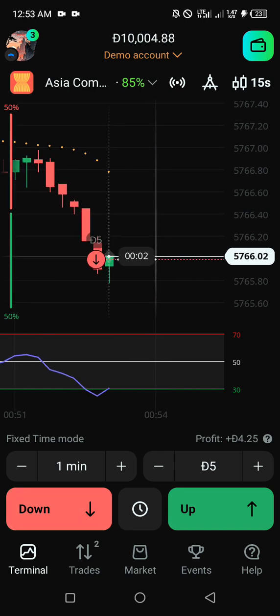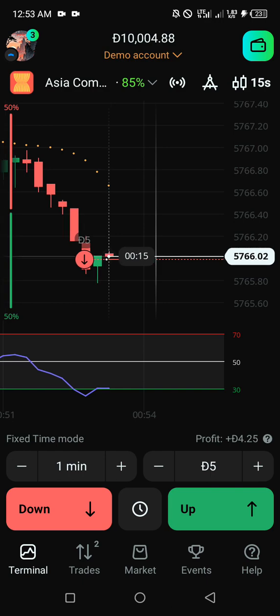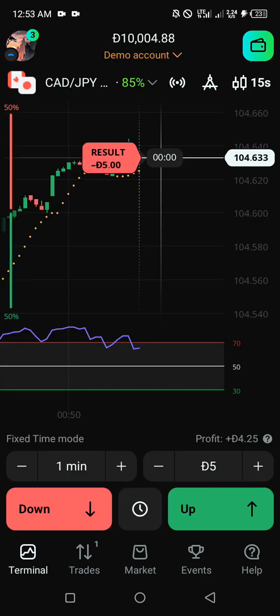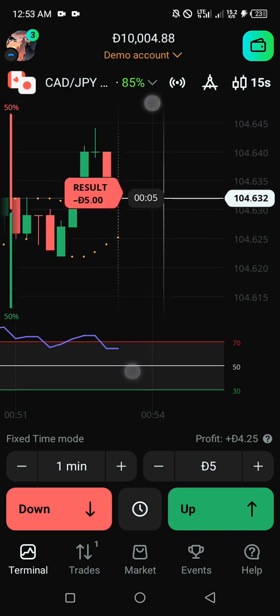In a downtrend in this trade. It seems we lost this one.